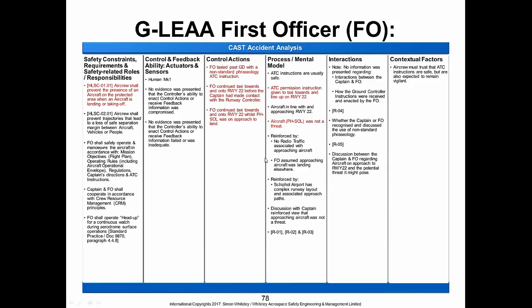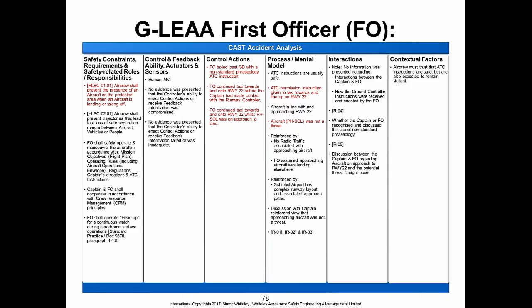So control actions. This controller, the first officer, they issued 3 unsafe control actions. The first officer taxied past Golf Delta with a non-standard phraseology ATC instruction. The first officer continued the taxi towards and onto runway 22 before the captain had made contact with the runway controller.